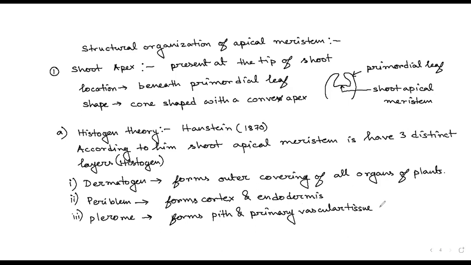So if I create a structure, I will draw and show you the presence of these parts in the plant body. The pink layer I am drawing will be called dermatogen.